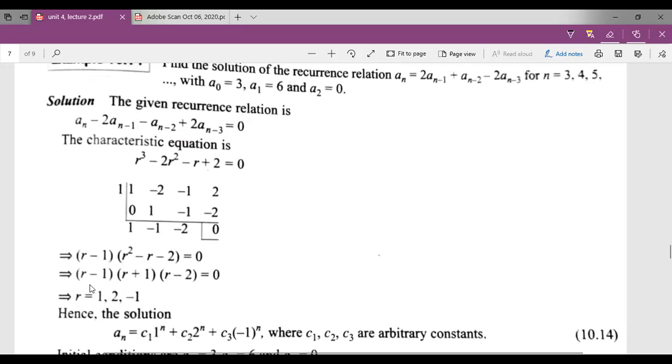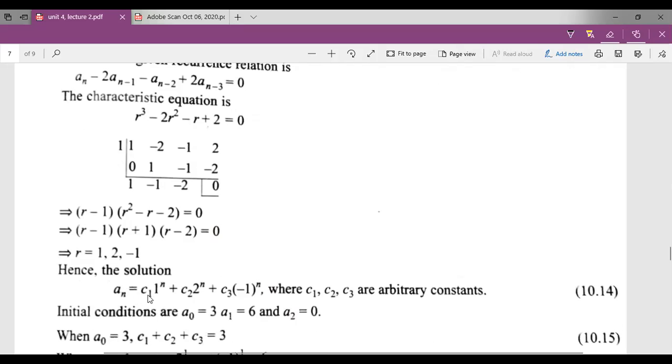So the roots of the characteristic equation are r = 1, 2, -1. So different roots. So the solution of the equation is a_n = C1 times 1 power n plus C2 times 2 power n plus C3 times (-1) whole power n, where C1, C2, C3 are arbitrary constants.